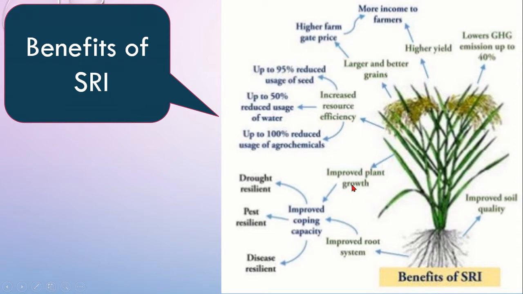Then improved plant growth. When plant growth is improved, what will happen? Improved cropping capacity as well, like drought resilience, pest resilience, and disease resilience, and improved root system and improved soil quality as well. So these are the benefits of cultivating in the System of Rice Intensification method.